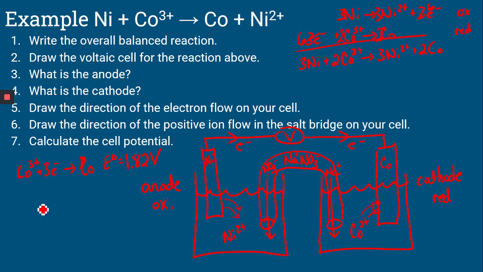Then we can look on page 23 and find our nickel reaction. Now it is flipped because nickel is being oxidized. So when we go to write our cell potential, we're going to change the sign. And so we're going to say it's a positive 0.28 volts. And so when we add those cell potentials together, we have an overall cell potential of 2.1 volts.